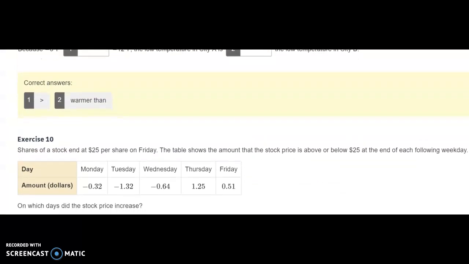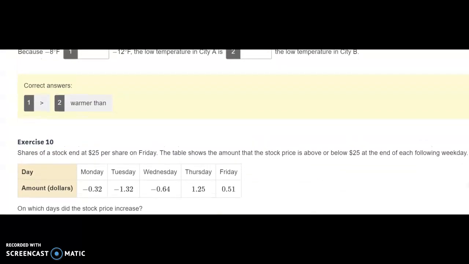Okay, so what they want to know is we're looking at $25. Every share of stock ends at $25 per share on Friday. The table shows the amount that the stock is above or below 25 at the end of each following weekday. So we ended on Friday at $25, and now we're going to go below.